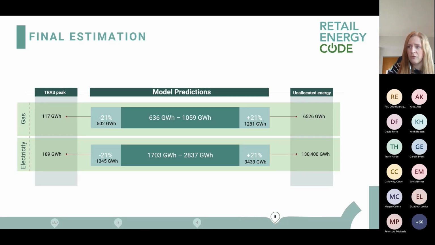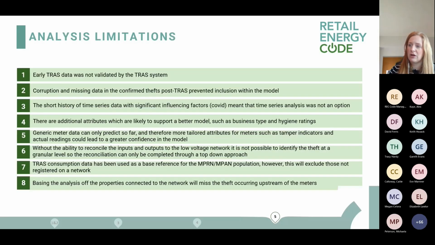If we go on to the next slide, we can recap on those. For the TRAS data that we based the estimations on, it's fair to say that there was very little validation on the capture of the information at the start, so there was a bit of noise in the data that we had to work through.